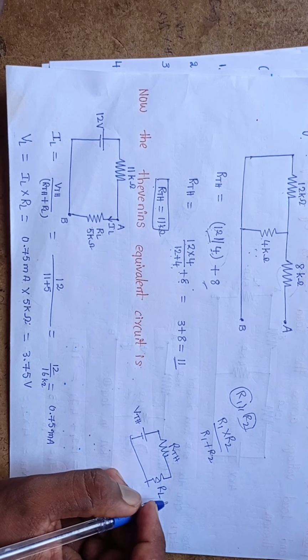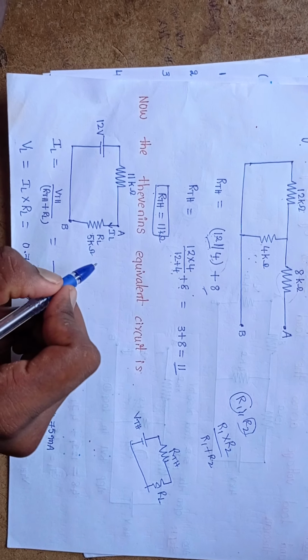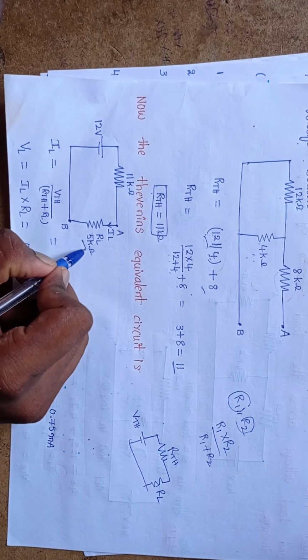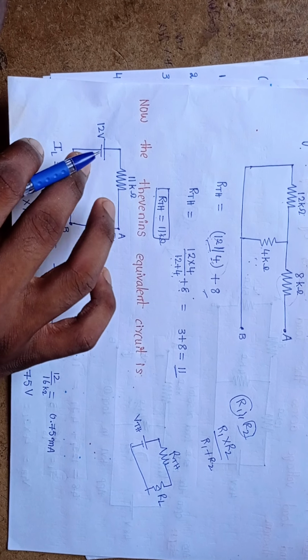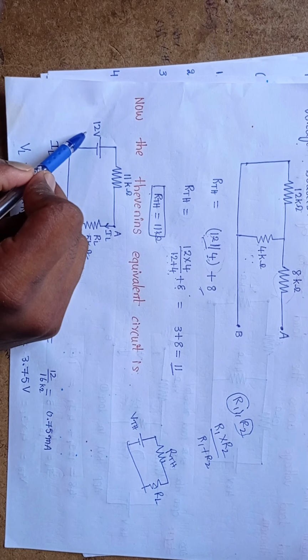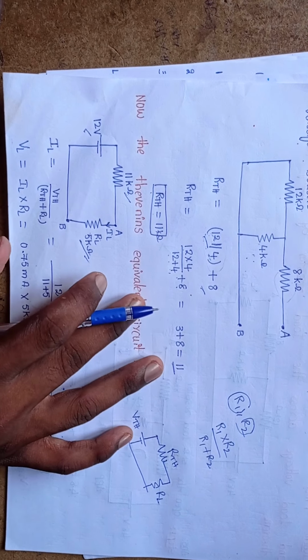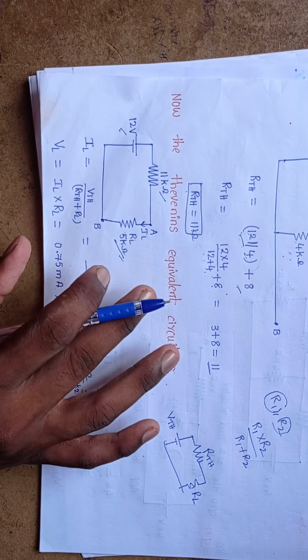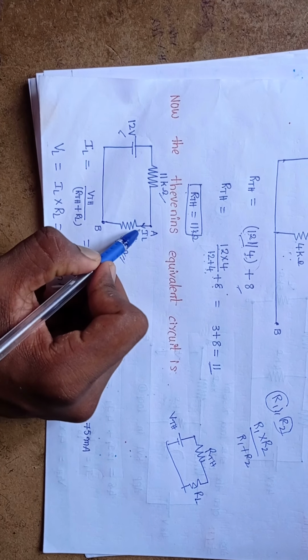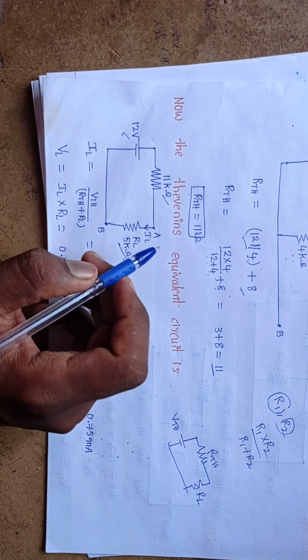RL means load resistance. In the question itself we have load resistance 5 kilo ohms, and these three are connected in series. Here we have to find the load current, which means the current flowing through this load.